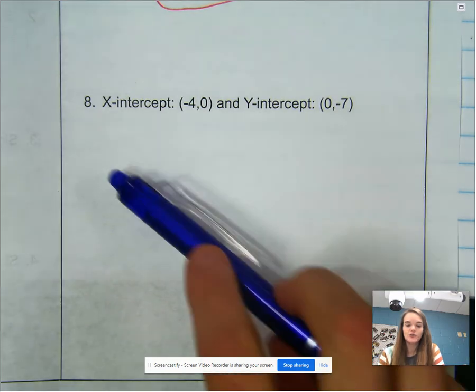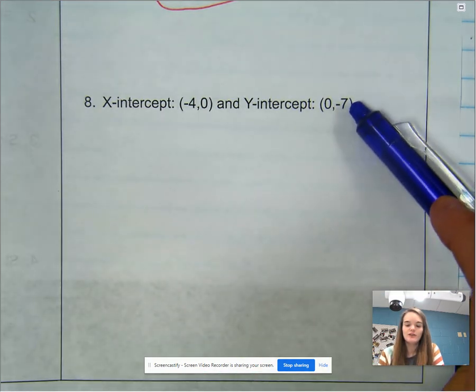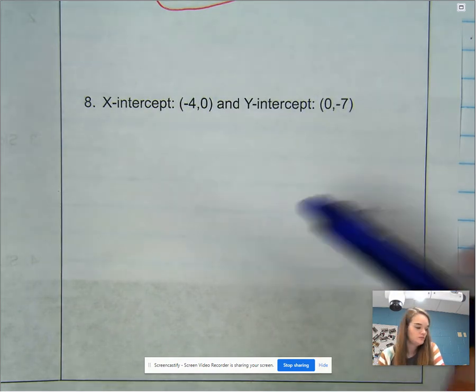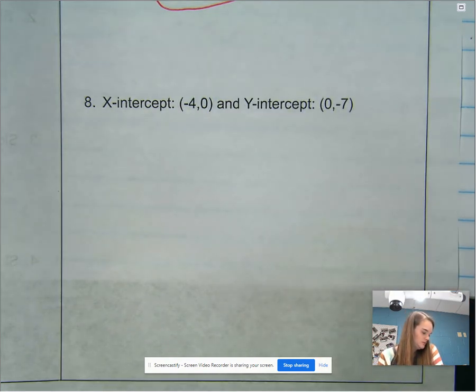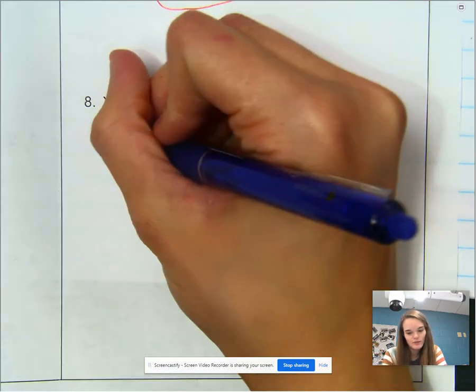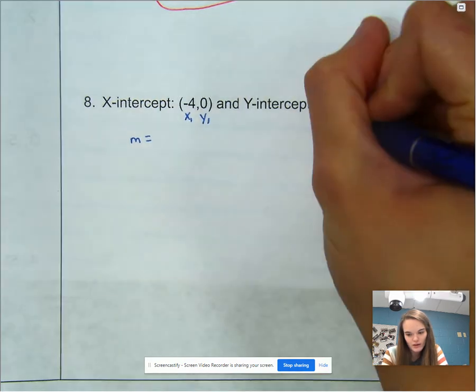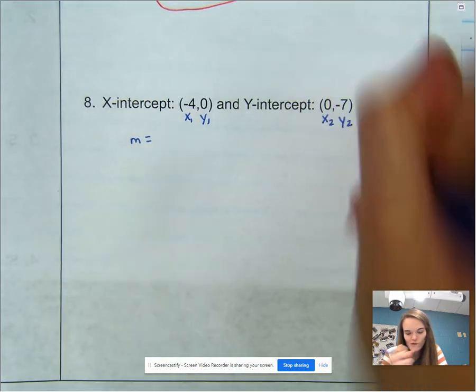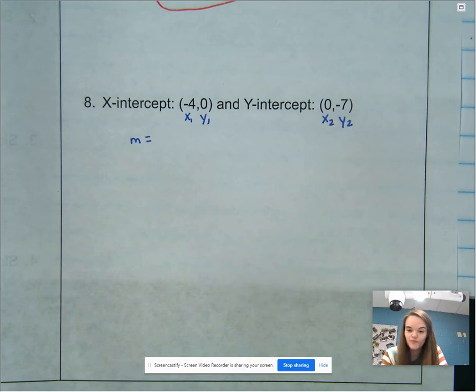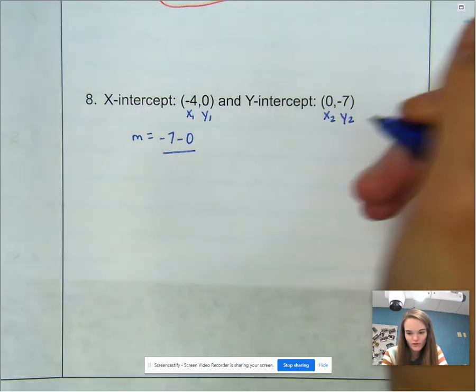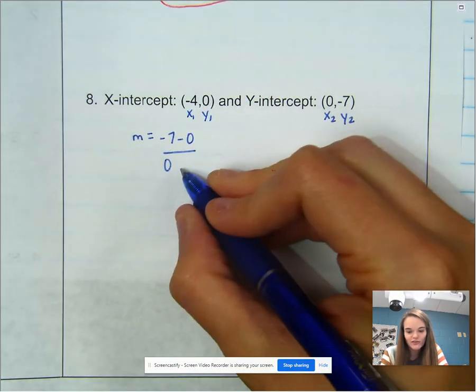All right, remember, I can either do the formula, or I know negative 7 divided by negative 4 is 7 over 4. And then it's the opposite, so it's negative 7/4. But I'll do the formula. x1, y1, x2, y2, negative 7 minus 0 over 0 minus negative 4.